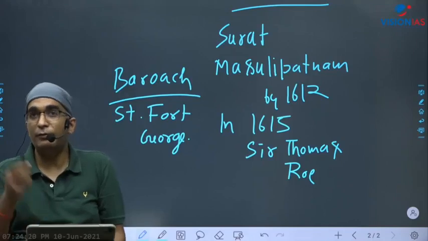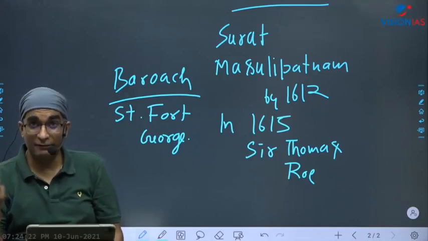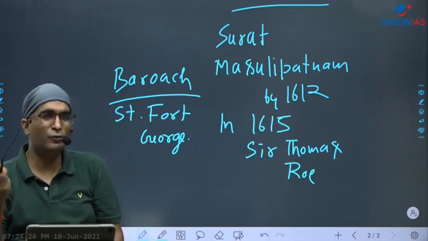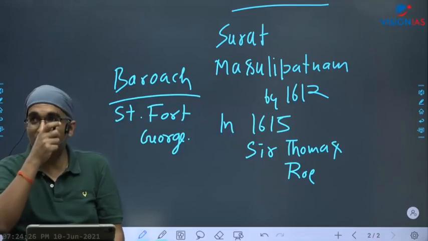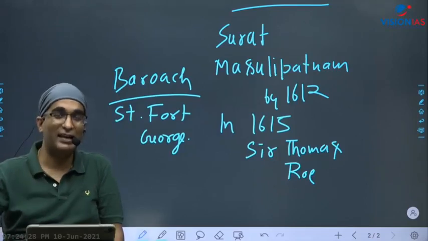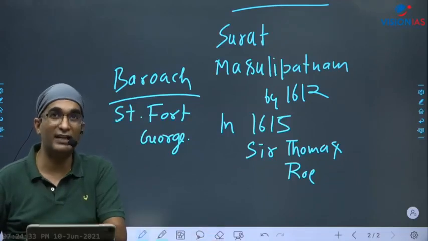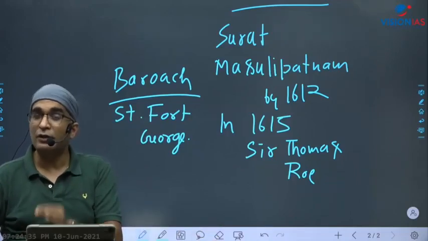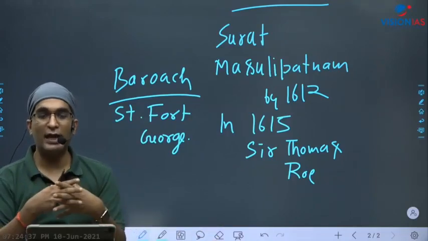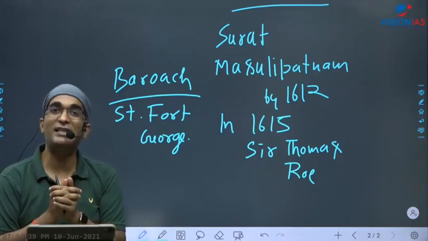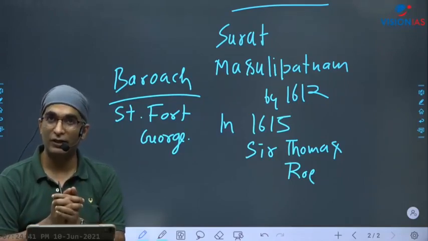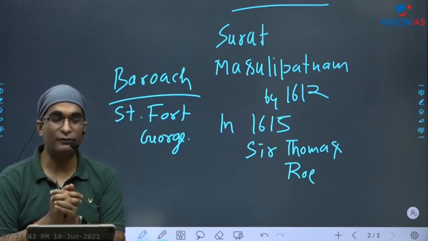When you go to central Kolkata, you will see that Sutanati village is there. I have seen Govindpur also, and Calcutta is named after the village Kalikatta. These 3 villages were clubbed together, and here the Britishers created Fort William.